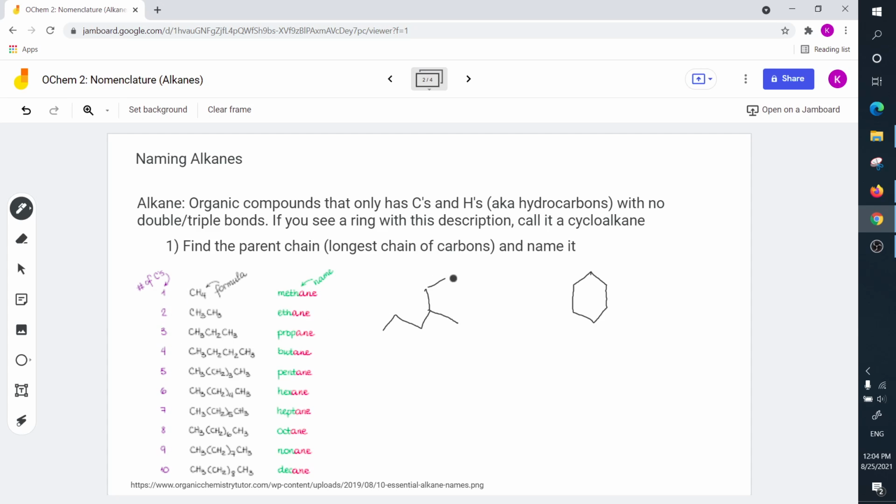So if we counted 6 carbons, we would look at this list, and we see hex. If you had 3, that was the longest, we'll call it prop. And the important thing here is you get the prefix, and then you add an ane to the end. And this would be your parent chain portion.